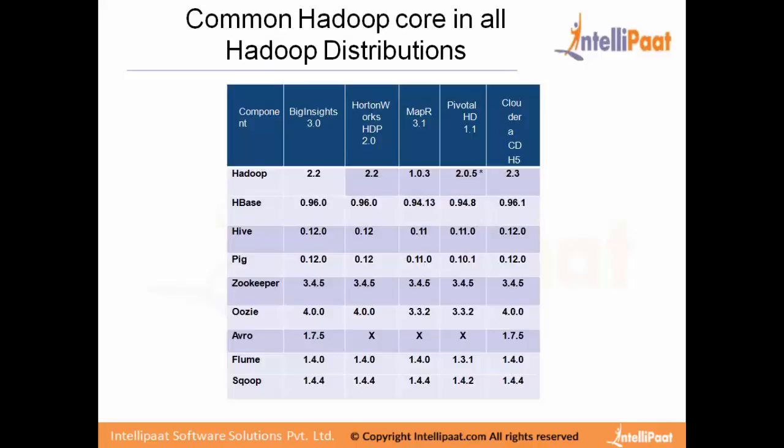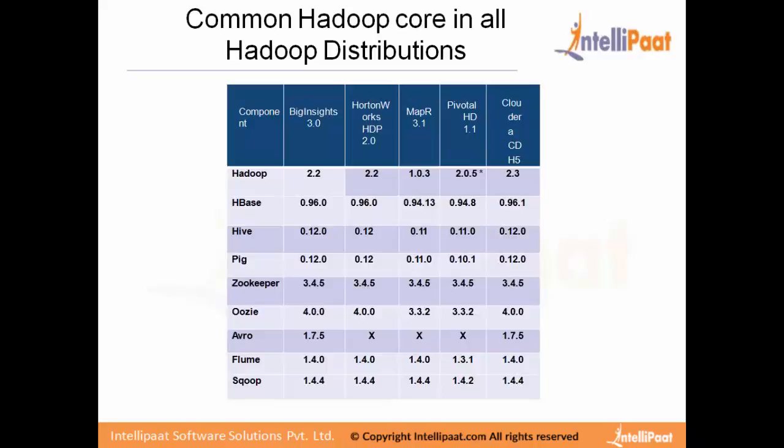You can just download it and use all the other ecosystems like HBase, Hive, Pig, Oozie, Sqoop and Flume. I have given some of the common components here: HBase, Hadoop, Hive, Pig, Zookeeper, Oozie, Ambari, Flume and Sqoop.